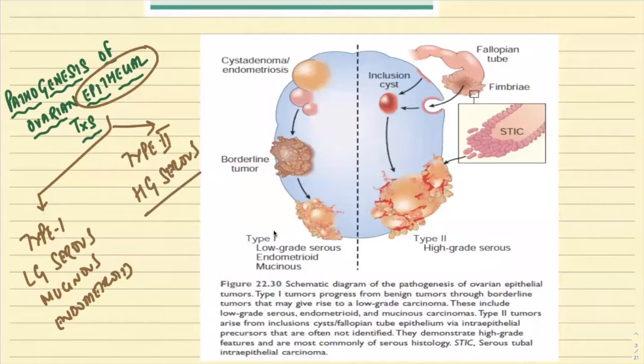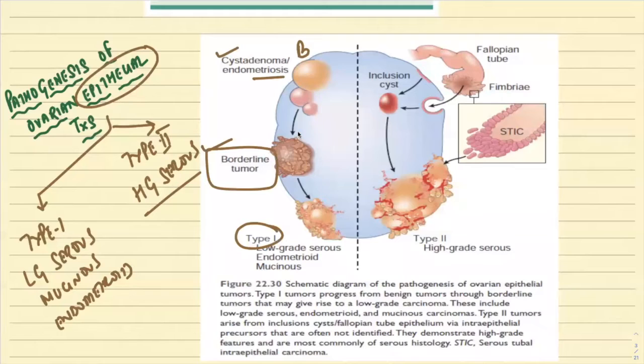Now, a very, very important point of difference is that there can be two lines of origin of the tumors. The type 1 tumors basically arise from a benign state. For example, they arise from a cystadenoma, or from endometriosis. From there, they will have a precursor stage.